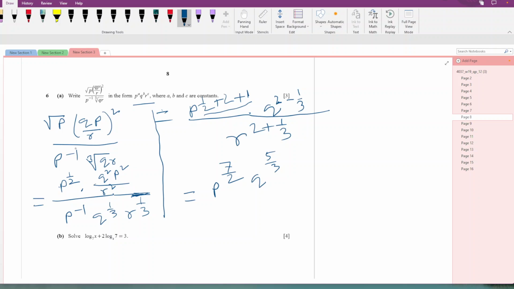We have to write r as numerator. Therefore the power of r would be minus 7/3. And now a equals to 7/2, b equals to 5/3 and c equals to minus 7/3.